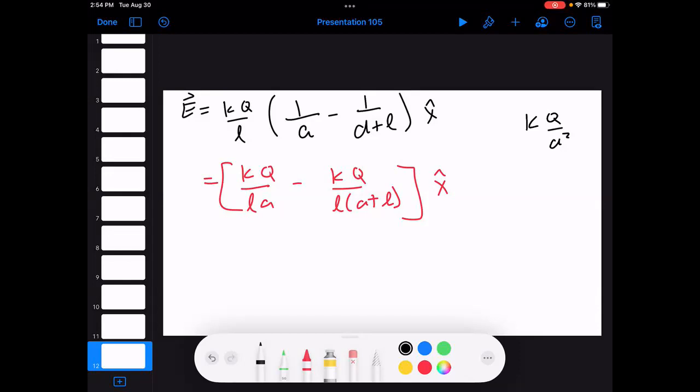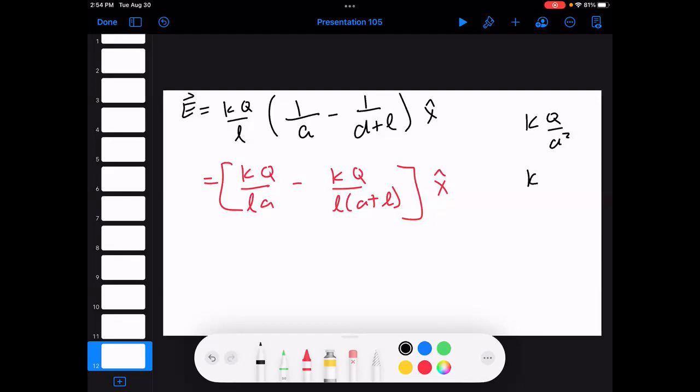Well, I would say definitely yes, because we start off with KQ over L times A. That in itself is less than KQ over A squared, because L is bigger than A. So that's smaller. And then we're subtracting something else off.